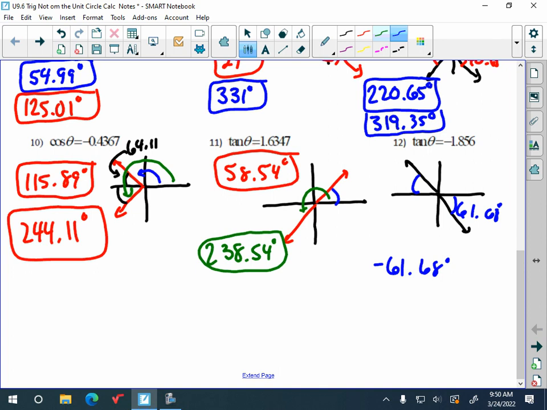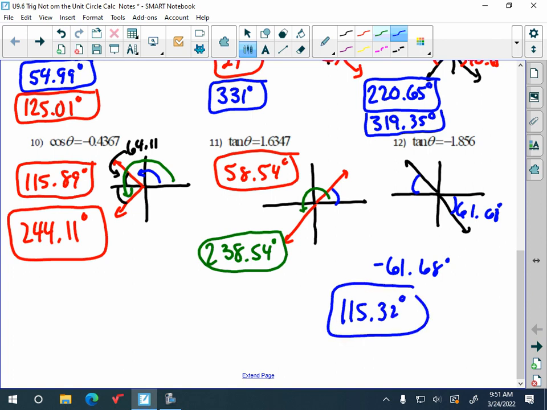Yes. Okay. So we take the whole thing, half a circle, 180, subtract this off, that gets us back to here. Okay. Take 180, subtract it off, and back here. And that's what we want. So 180 minus 61.68. All right, so that's 118.32.